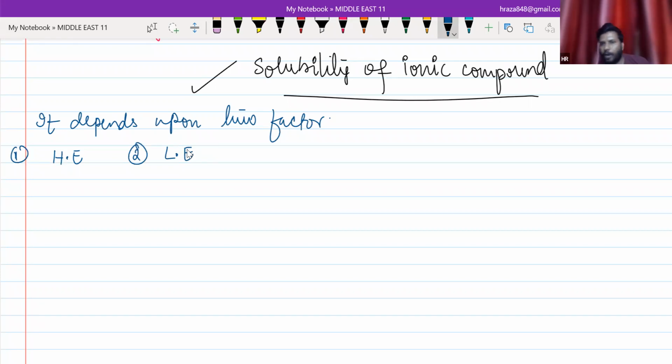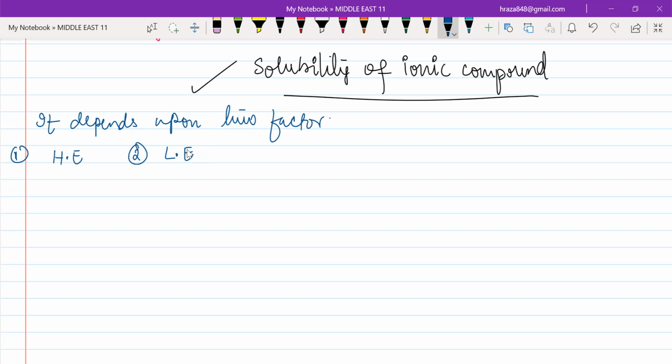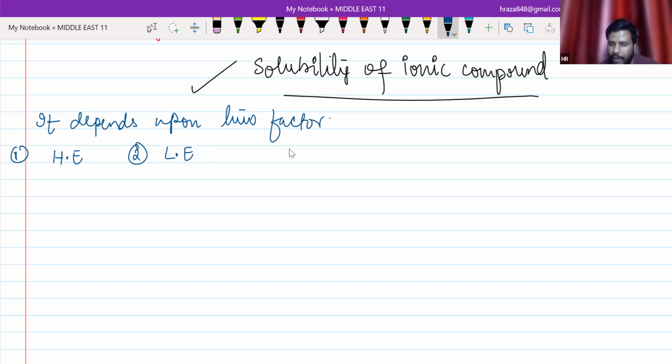The enthalpy required to break 1 mole of solid into its gaseous constituent ions is called lattice enthalpy. Is that clear? Yes, sir. And hydration enthalpy is the enthalpy released during the interaction of ions with water. Okay, so how do we compare?